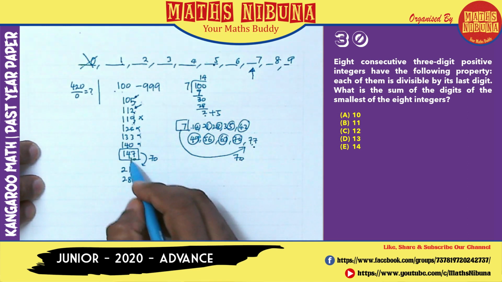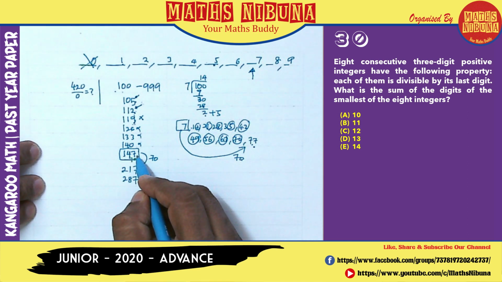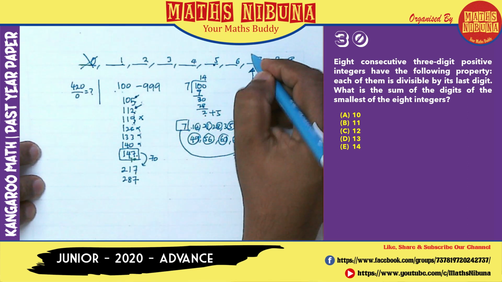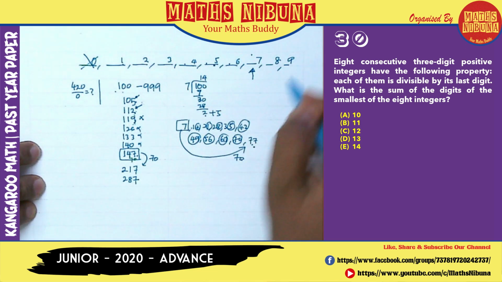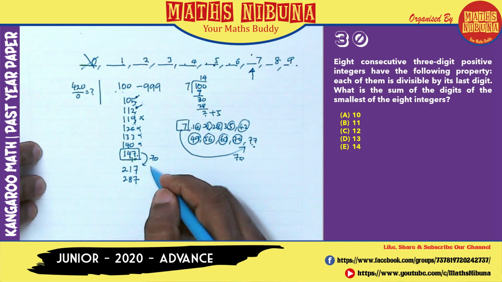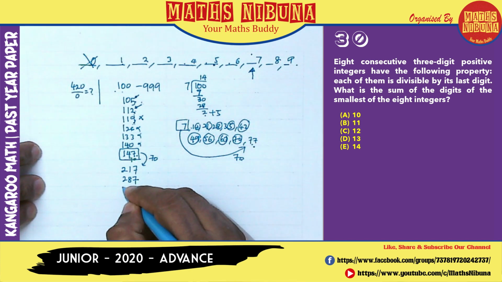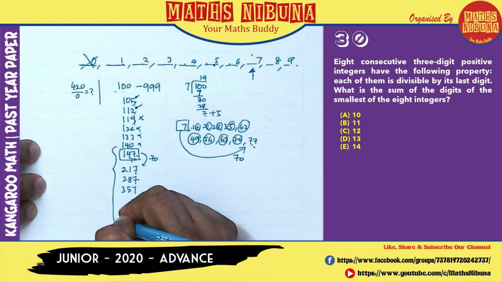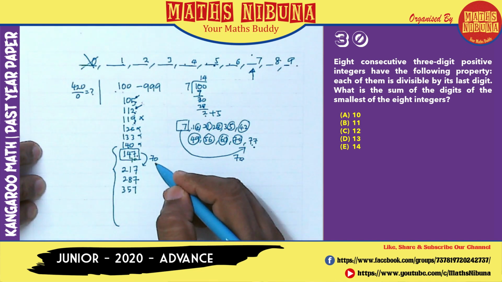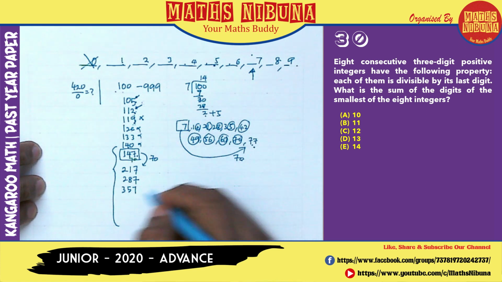That means if this is 147, the numbers before it must be 146, 145, 144, and so on, going until 149. 287 plus 70 is 357.